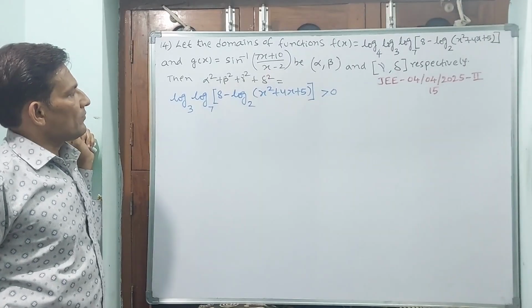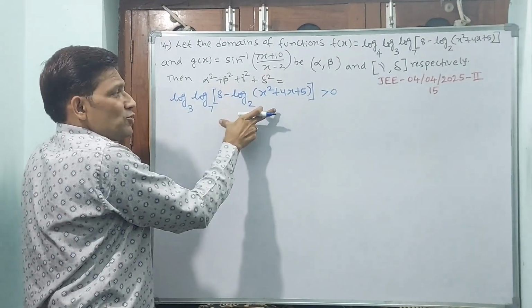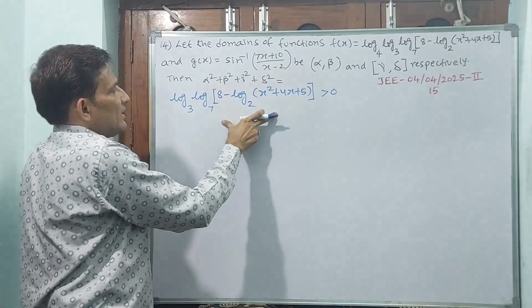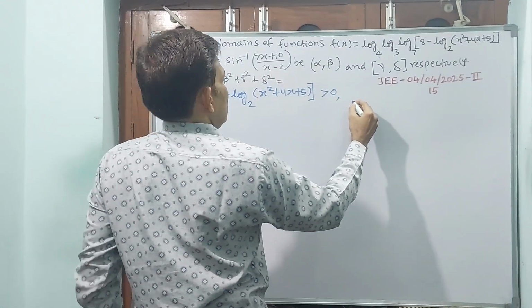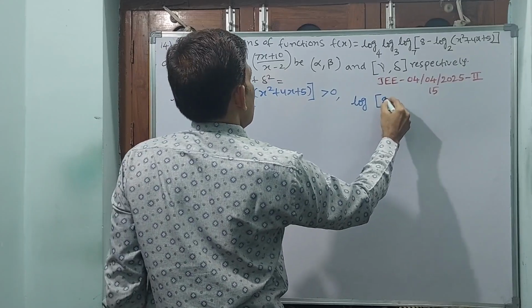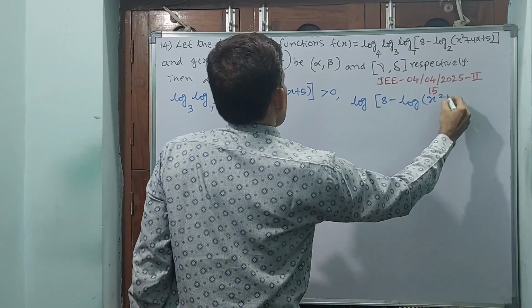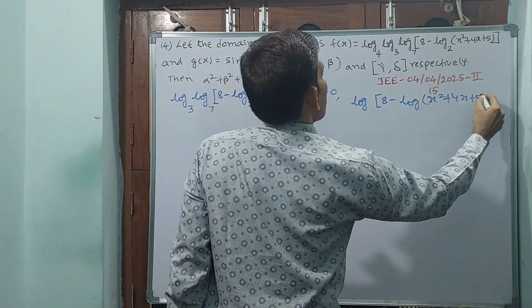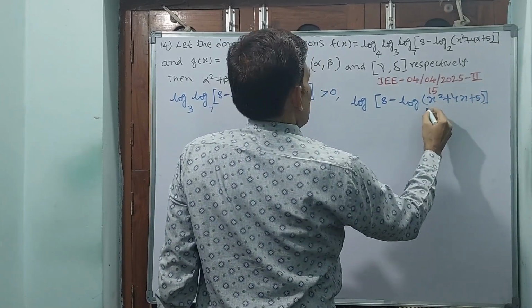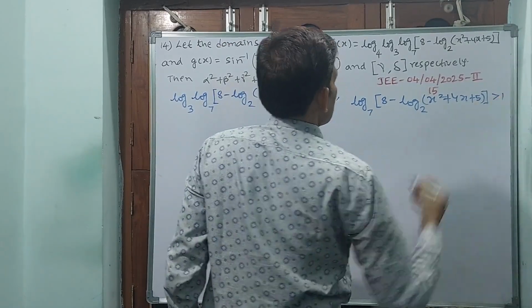Okay, again. For the log base 3 to be greater than 0, its argument should be greater than 1. One more log you omitted. So log base 7 of log base 2 of (8 minus log of (x² + 4x + 5)) should be greater than 1.